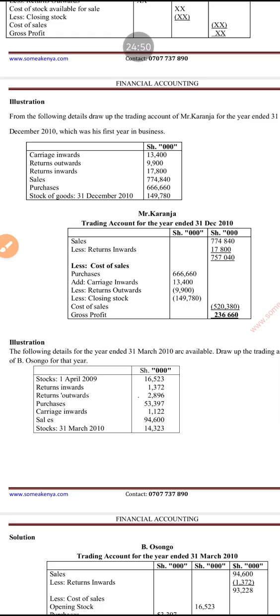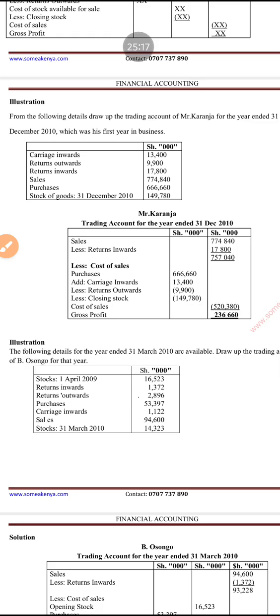So you have the details: the carriage inwards, return outwards, return inwards, sales, purchases, and the stock of goods. Stock of goods as at 31st December 2010, that is simply the closing stock.